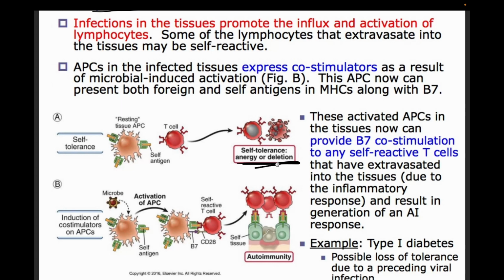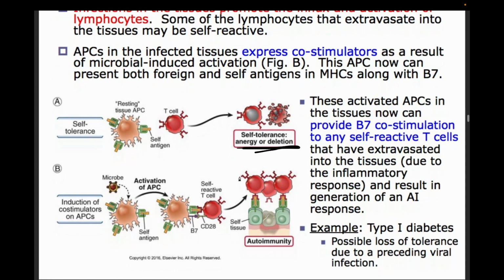The APC present in the arm engulf this foreign antigen and become what? Become mature. It migrates into the lymph nodes, becomes mature, and presents the pathogen antigen to the specific T cell. This will lead to antigen-specific activation of the T lymphocyte.